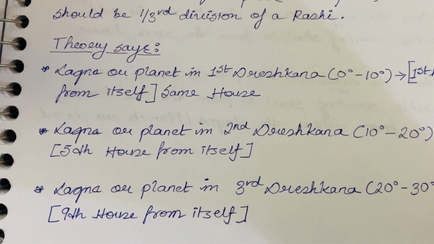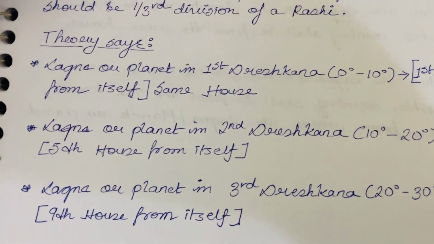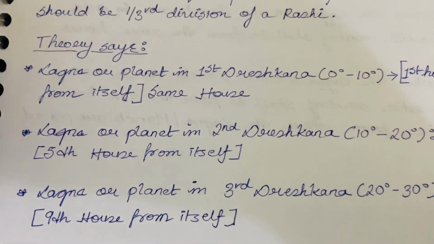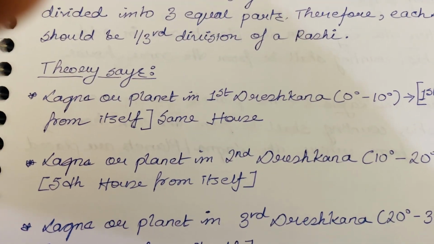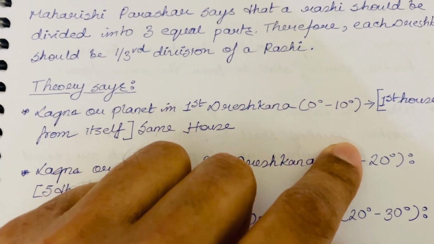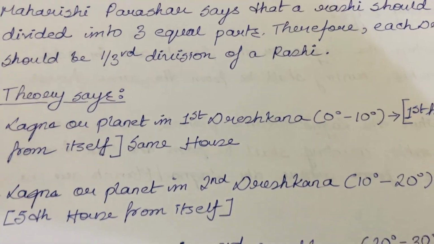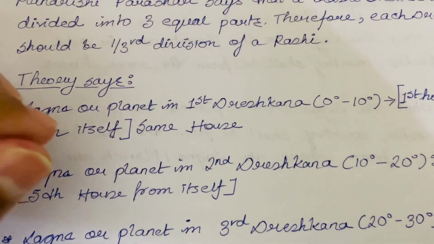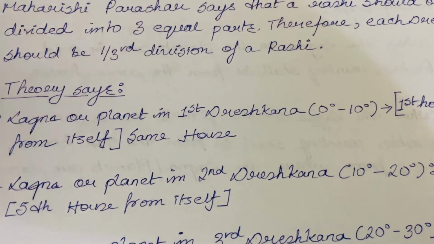Now you must be thinking, as it might have happened in the last class also, that there is an overlap of a degree, 0 to 10 and 10 to 20. What if a planet is exactly 10 degrees? Will it be in the first Dreshkana or the second?